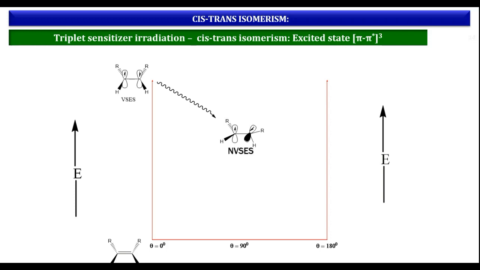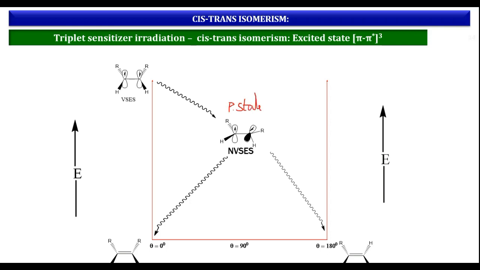This can come back to the original cis molecule, or convert into the isomeric trans molecule. So here this is called the P state.